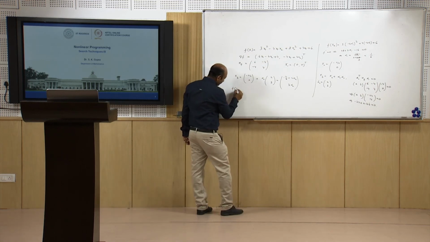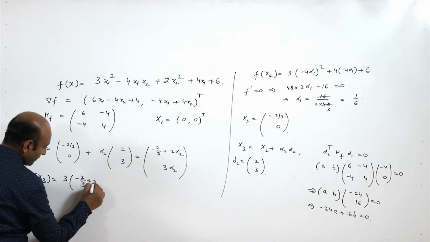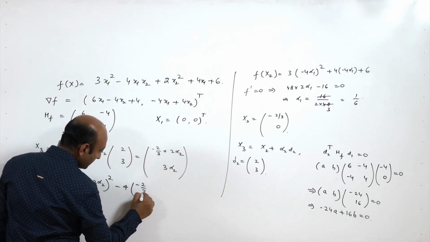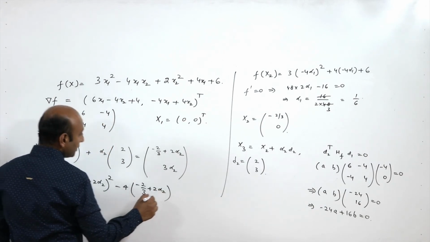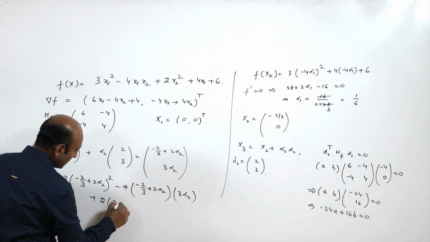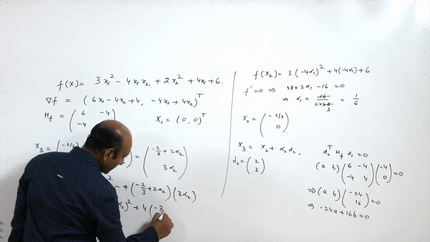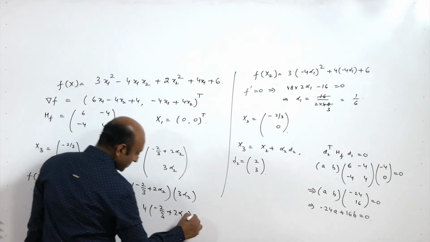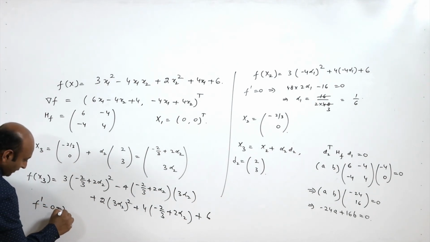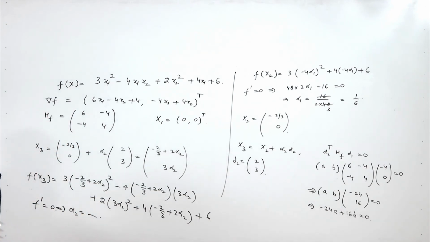So, what will be f(x3)? f(x3) will be 3 into (minus 2 by 3 plus 2 alpha 2) whole square, minus 4 into (minus 2 by 3 plus 2 alpha 2) into 3 alpha 2, plus 2 into (3 alpha 2) square, plus 4 into (minus 2 by 3 plus 2 alpha 2), plus 6. Now, put its derivative equal to 0, find alpha 2, and this alpha 2 will give the next approximation, that is x3.